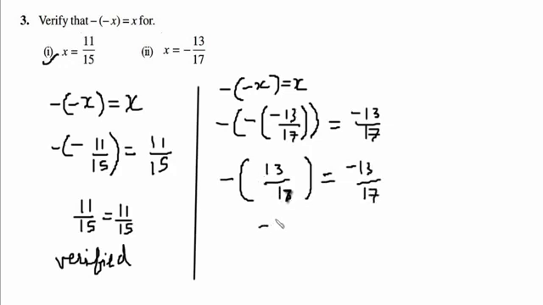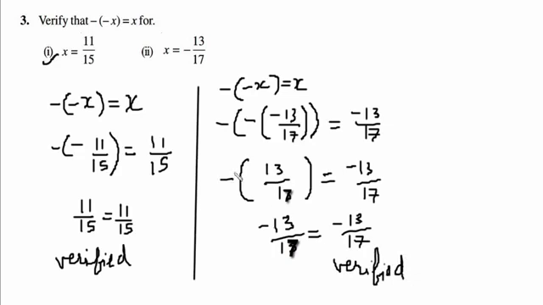When you open it, it simply means minus 13 over 17 equals minus 13 over 17. Again it is verified. So what we infer from this equation is, if we take the negative of the inverse of a number, that gives you the number itself. We have verified it in both these parts.